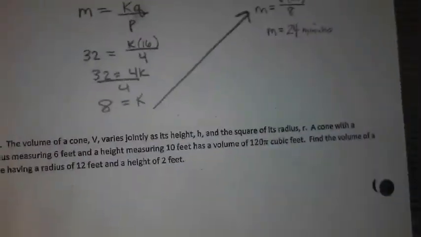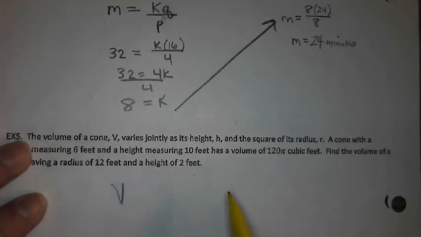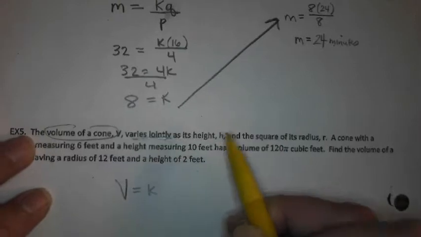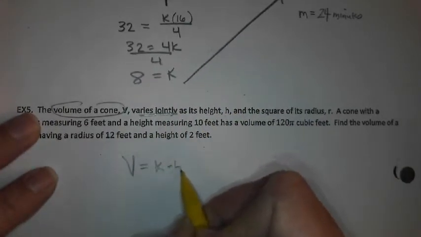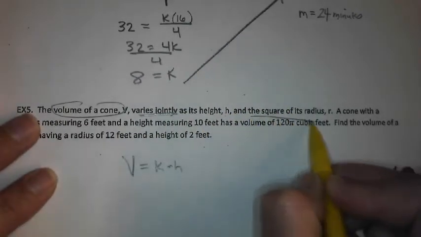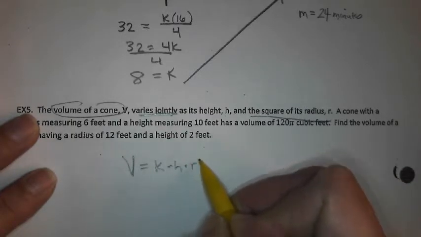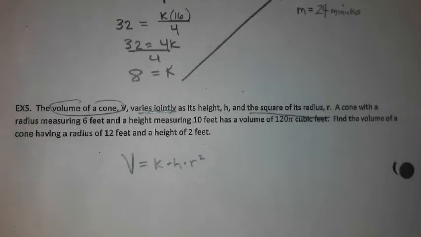Okay? So the volume, V, varies jointly as its height, H, and the square of its radius. What does the square of a radius look like? R squared. Good. So go ahead and do the rest of that on your own.